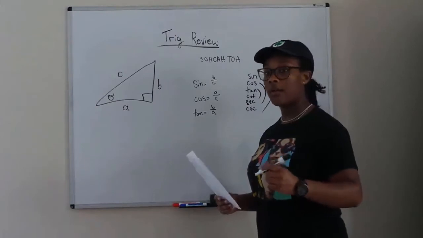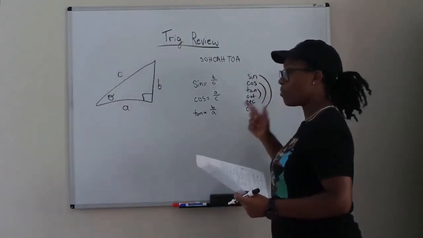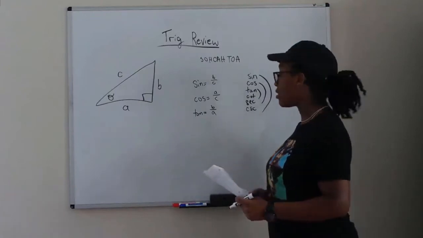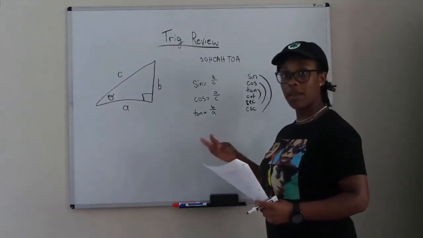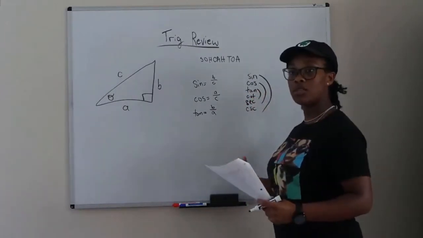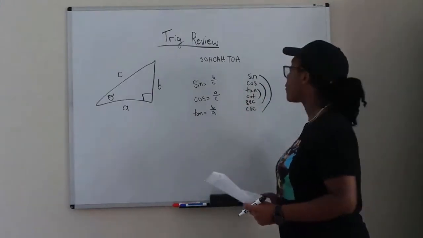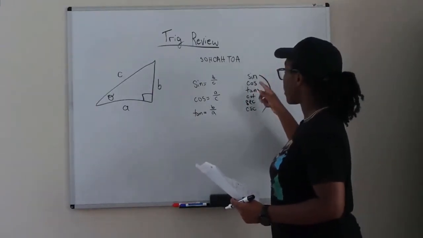Sorry. So the trig rainbow gives you a way to remember what each of these stands for, and it's basing it off of the three basic ones. Cotangent, secant, and cosecant are reciprocals, which means it's just a flip of sine, cosine, and tangent.